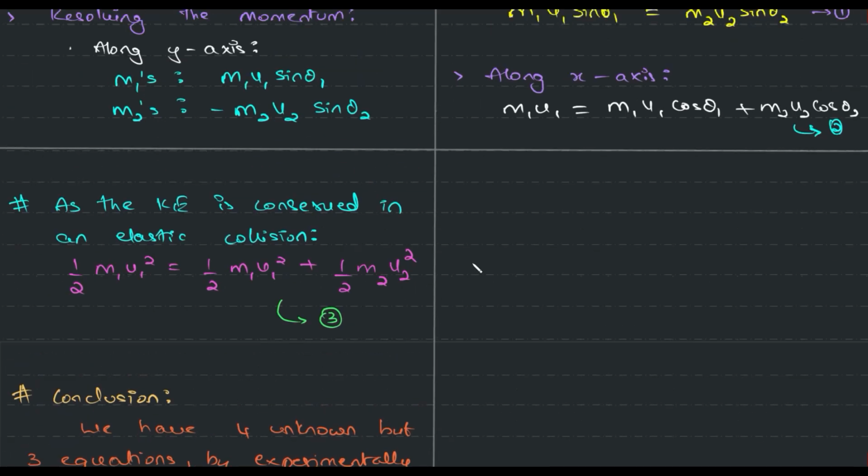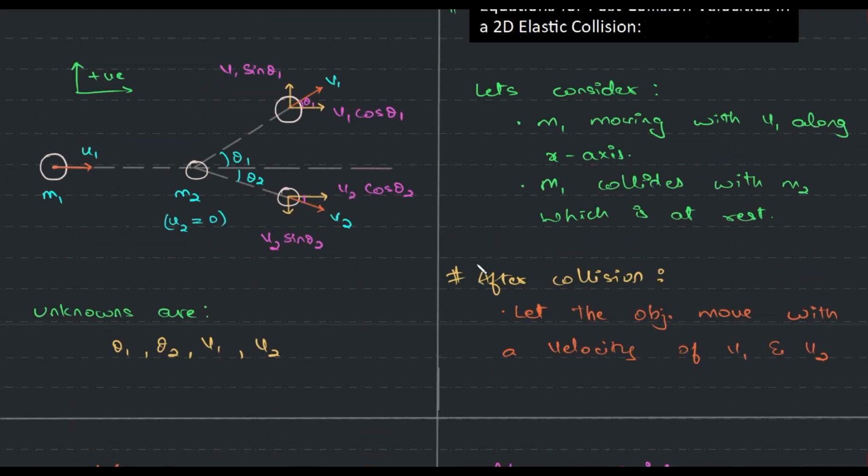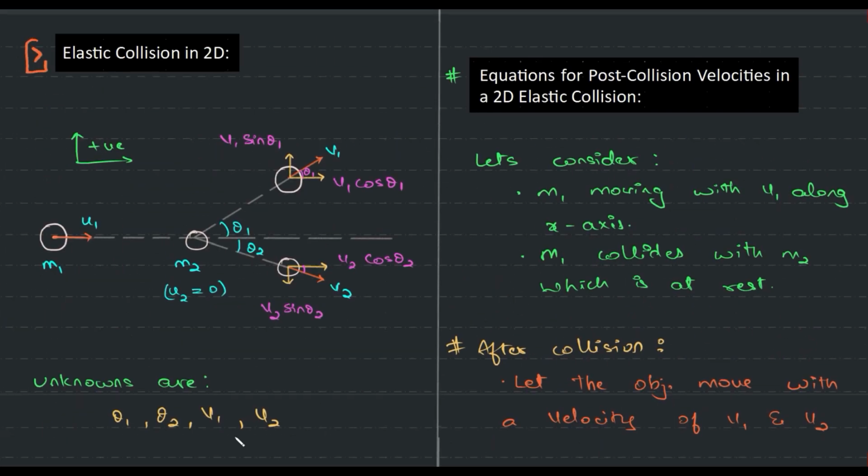Okay guys, so our agenda was to figure out the value of theta 1, theta 2, v1, v2. In terms of equations, we cannot, because there are many possibilities. Let's be practical about it. We know it's not a head-on collision.